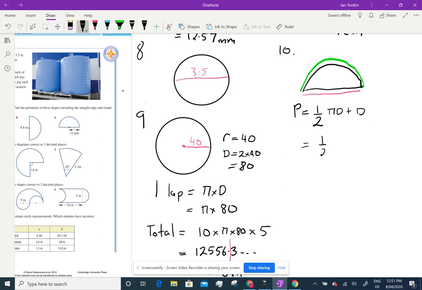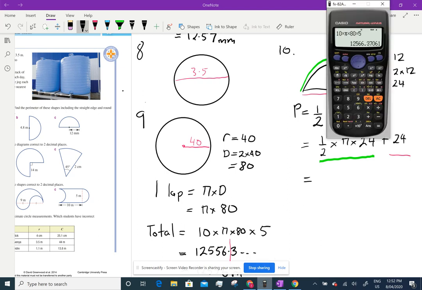So it's a half times pi. And what's the diameter? They don't give it to us. They give us the radius again. So if the radius is 12, the diameter equals 2 times 12 is 24. So it's pi times 24 plus 24. This is the curved bit. That's the distance of the curved bit, and that's the distance of the straight bit.